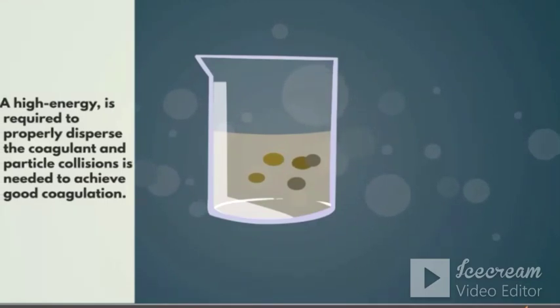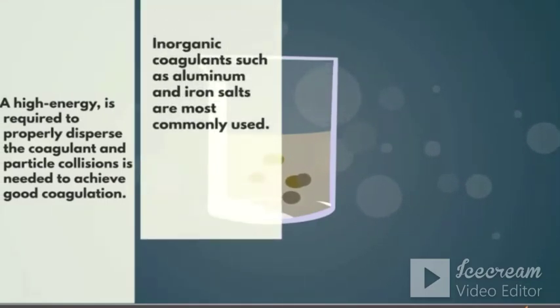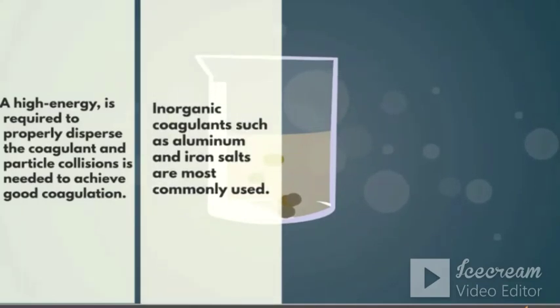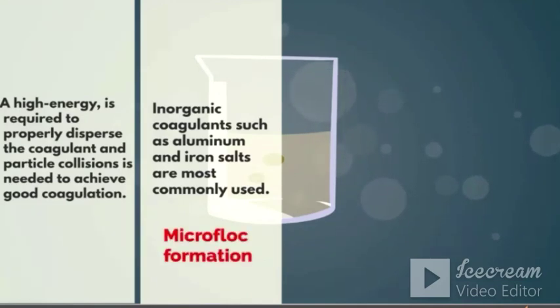Inorganic coagulants such as aluminium and iron salts are most commonly used. When added to the water, they furnish highly charged ions to neutralize the suspended particles. The inorganic hydroxides formed produce short polymer chains which enhance microfloc formation.